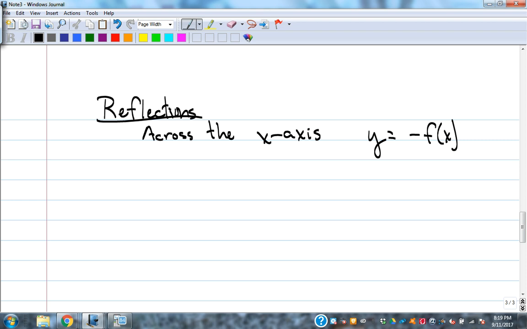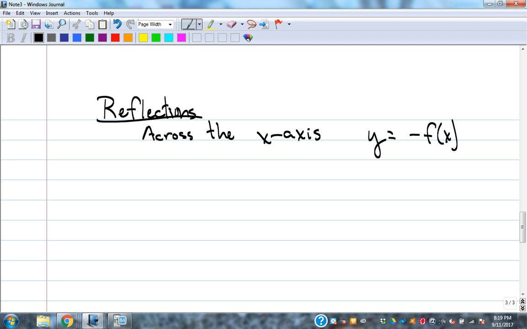Here's the thing about reflection across the x-axis. This ruler is the x-axis. If my hand is above it and I reflect across that, what happens to it? It moves down here, right? What values changed? The y's. The x values stayed the same. The y values changed. So this is a vertical change happening on the outside, the negative on the outside.